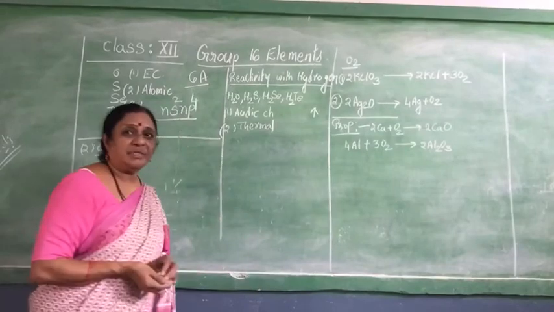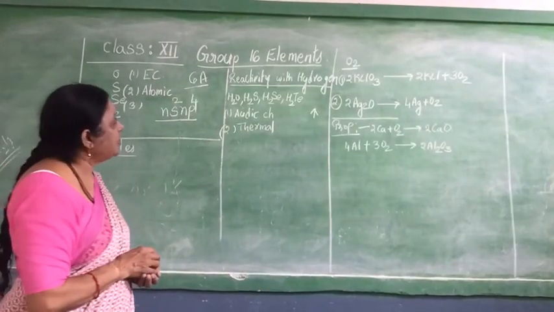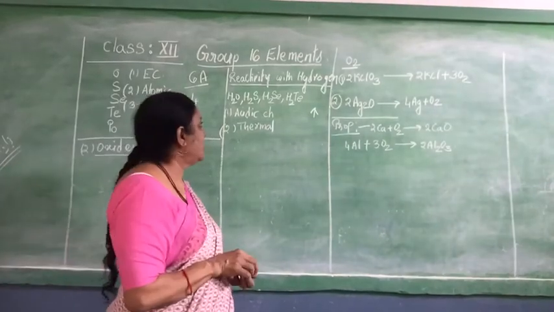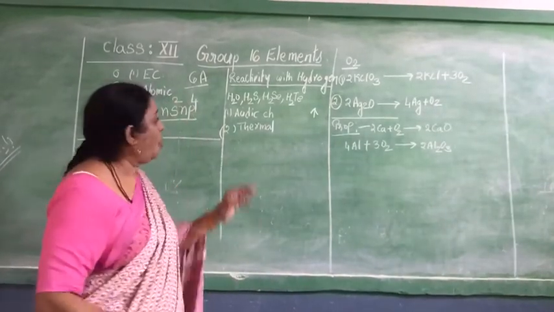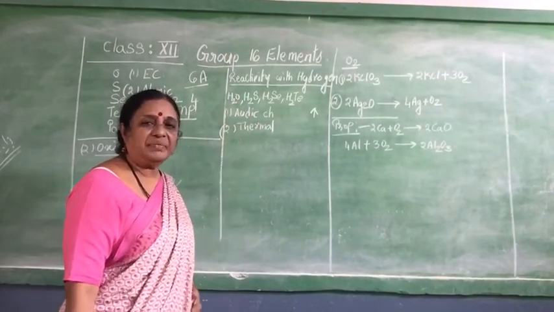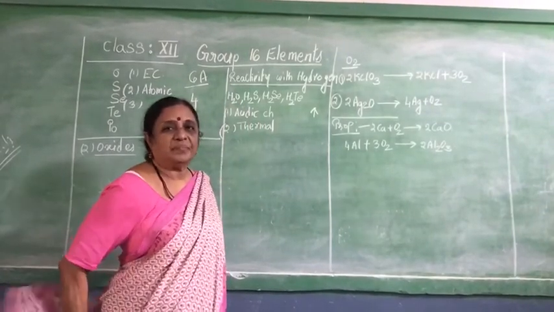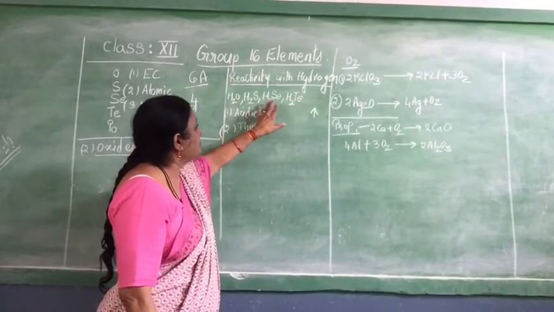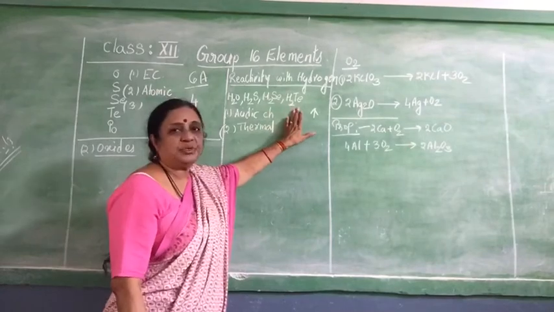Now let us start with the chemical properties. The first property is reactivity with hydrogen. All these elements react with hydrogen to form hydrides of the molecular formula H2O, H2S, H2Se, H2Te.